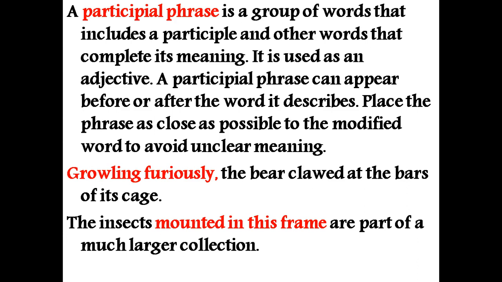A participial phrase can appear before, like growling furiously, or after the word it describes, like the insects mounted in this frame. In the first example it comes before the word, the bear, and in the second, after the word. So it can come before the word or after the word. But you have to distinguish and get to know the context. Then you will come to know which one consists of a participial phrase.